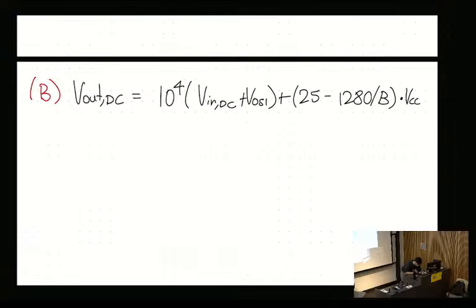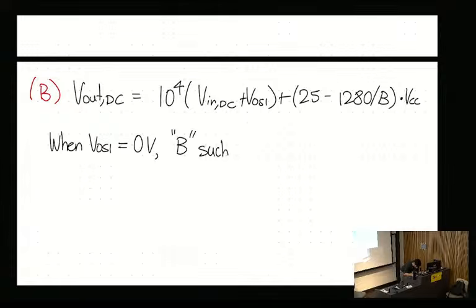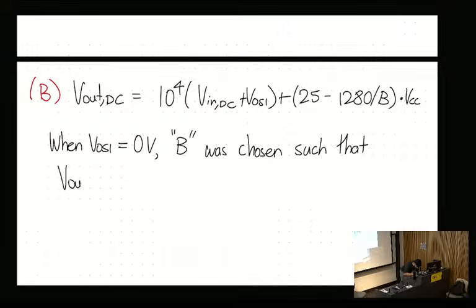So as we just mentioned, when VOS1 is 0, so when that offset is 0, we know that was the case because B, however we trim that potentiometer with the word B, was chosen such that... but we only know this was the case because we also grounded the input.